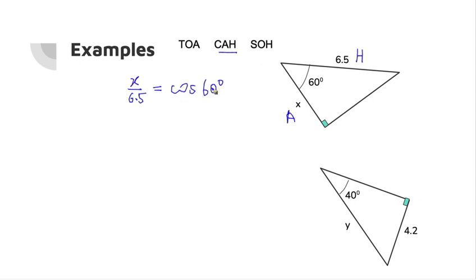And cosine 60 degrees is the ratio of these two sides, and the ratio can be obtained from the calculator. But we need to write it first as 6.5 times cosine 60 and key the expression in this way in the calculator to get our answer, which in this case is 3.25.